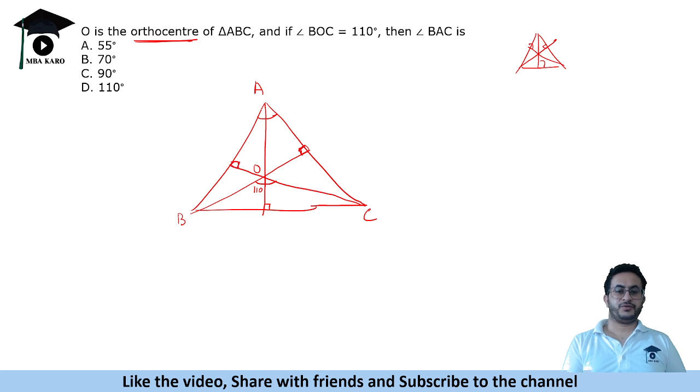If you look at this quadrilateral, let's name these points D and E. A, D, O, E. In this quadrilateral, angle A we need to find, angle D is 90, angle E is 90, and what is angle O?